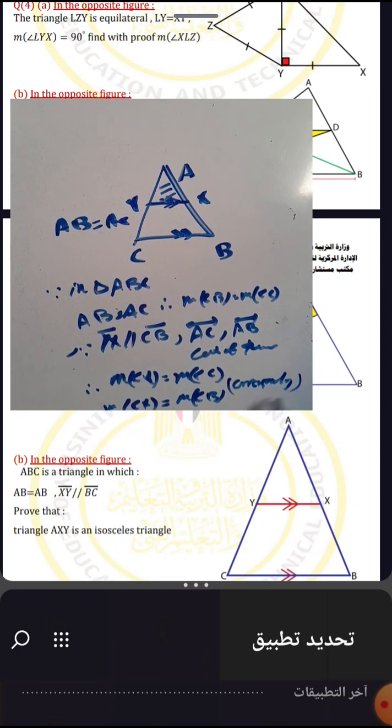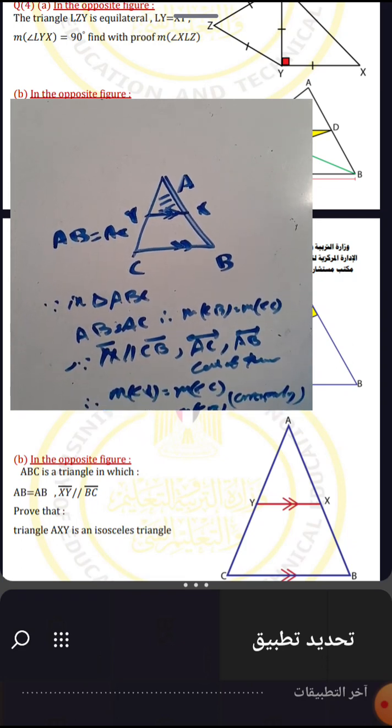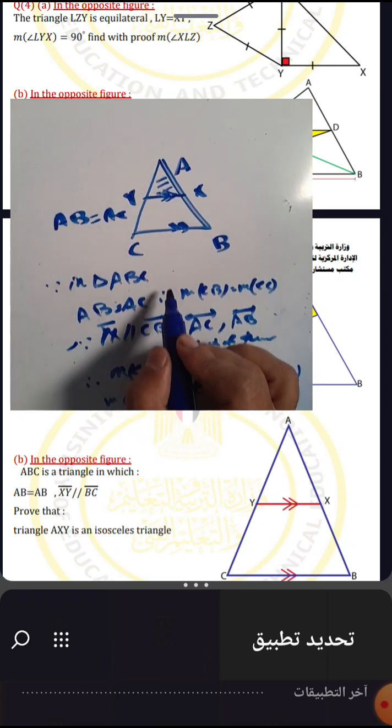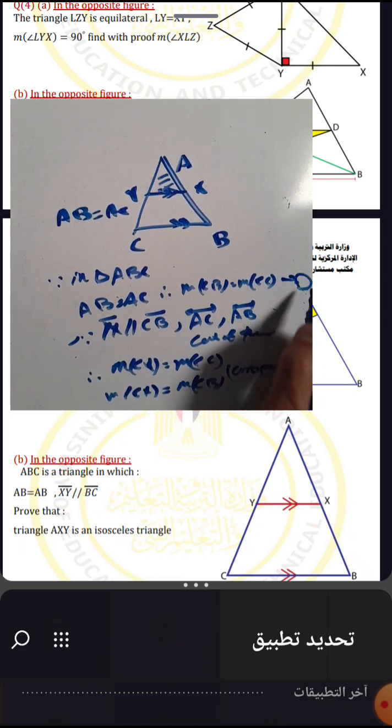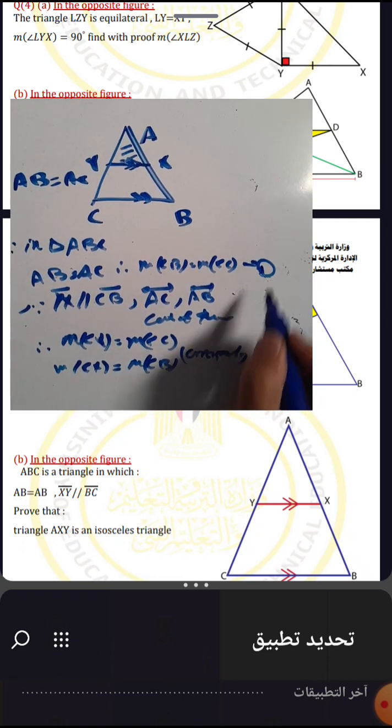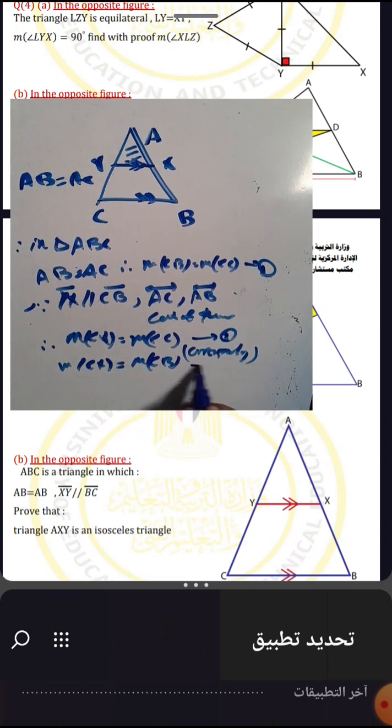Corresponding angles. Okay, it's relation number 1, the isosceles property, the base angles are equal, and here relation number 2, and here relation number 3.